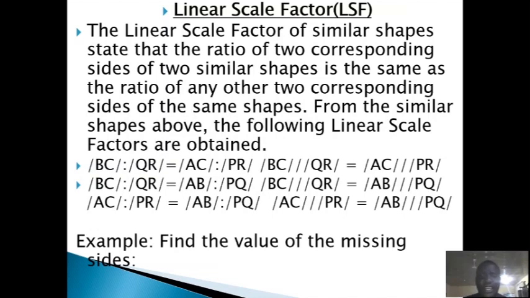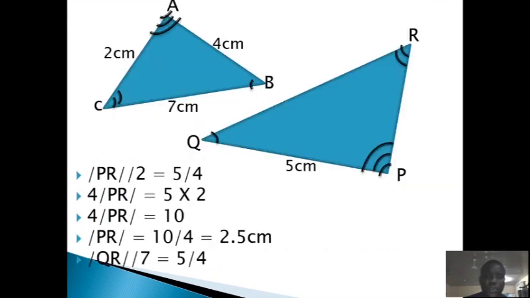I hope it is clear. So when you study this formula, I use this formula to solve this example. This example states that these two shapes are similar, so we should find the value of the missing side. The first thing you look at is the corresponding sides. Now we have PQ here, which corresponds to line AB.